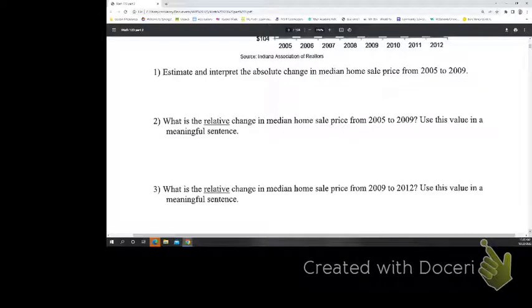And again, this one is just absolute. So you just said $7,000 increase? Was it a $7,000 increase? No, decrease. The absolute change, or I could just say the median sale price of a home in Indiana dropped $7,000 from 2005 to 2009.